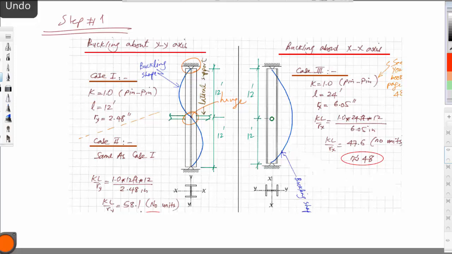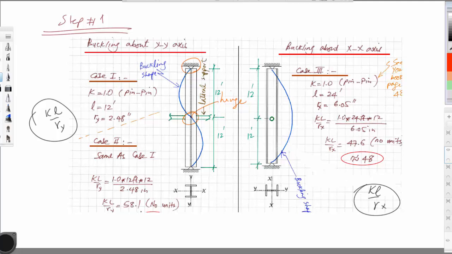Now let's go to the next, because we would like to calculate KL over RY, and here KL over Rx. We always do these two cases, always. K is 1 for both of them, and L is 12 for both of them. So all we need to do is KL over RY.